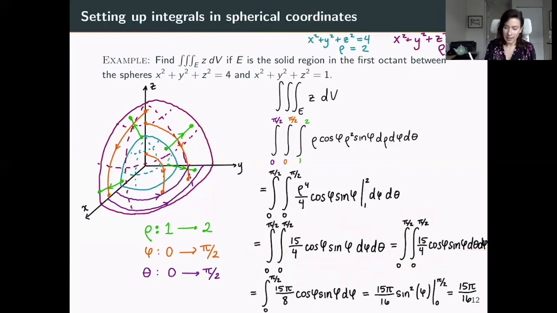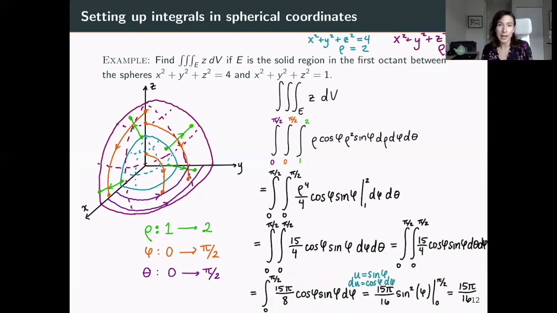And in doing that, we just have a simple constant to anti-differentiate. So that's going to leave us, after an evaluation, with 15 pi over 8 cos phi sine phi d phi. This requires a u substitution. I chose that my u was going to be equal to sine of phi, so that my du was cos of phi d phi.